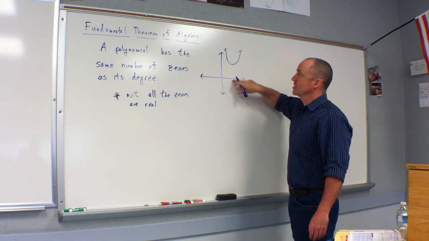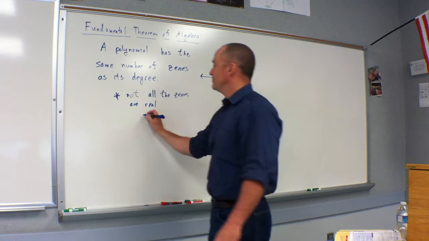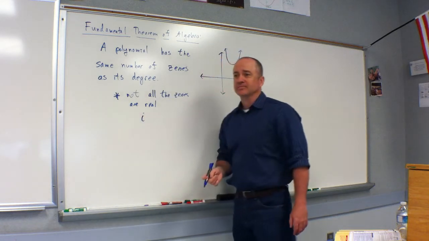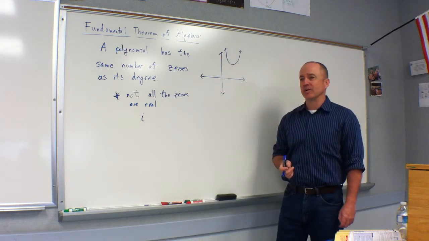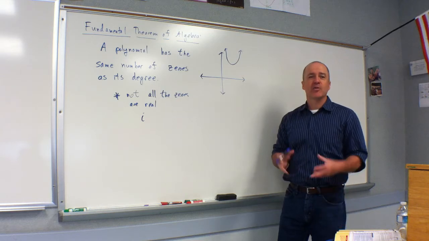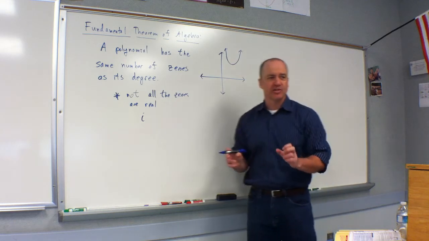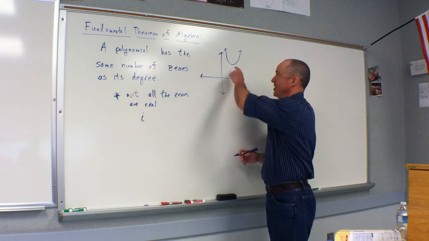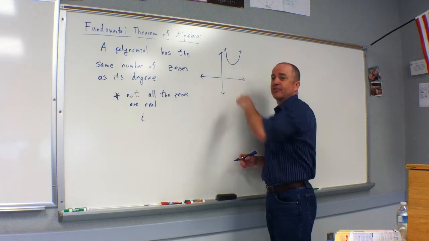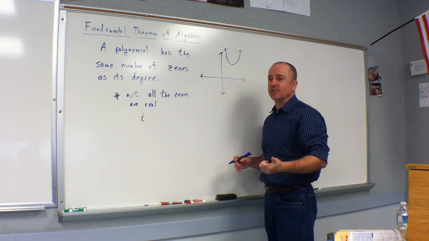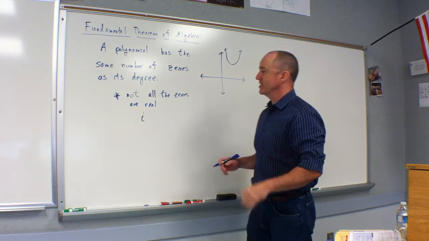But this theorem works, except it includes i. It includes the square root of -1 among its possibilities. If you count the imaginary or complex solutions, this has 2 solutions. Every cubic has 3 solutions, but you have to count the imaginary ones.